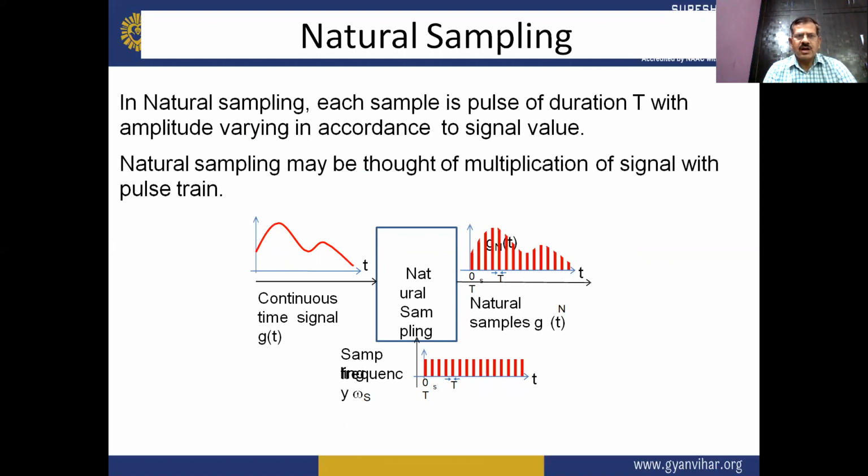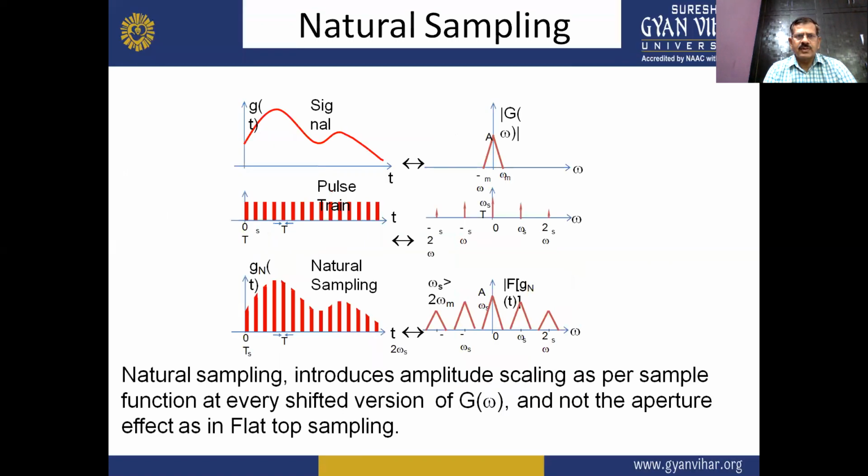So this is the concept of natural sampling, and there are also different waveforms that show the natural sampling process. Natural sampling introduces amplitude scaling as per the sinc function at every shifted version of G(omega), and note there is no aperture effect as in flat top sampling.